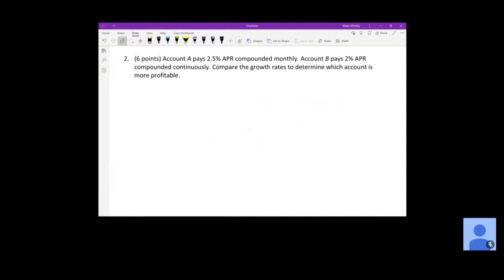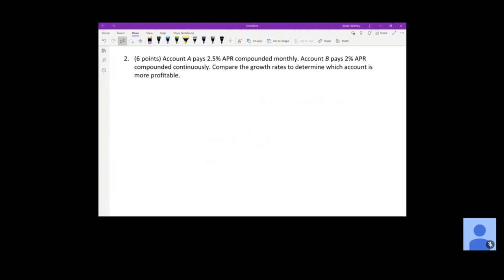Okay, so we know our interest rate, right? So we have an R value. What else do we know? Okay, the first situation is compounded monthly, right? And the other one's compounded how? Continuously, right?